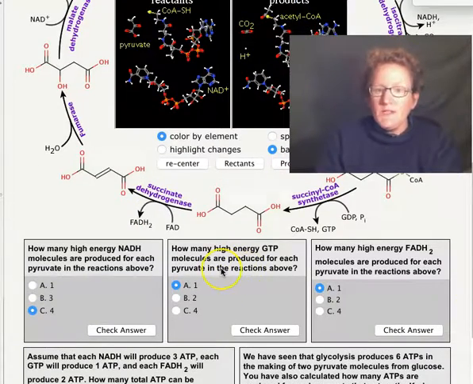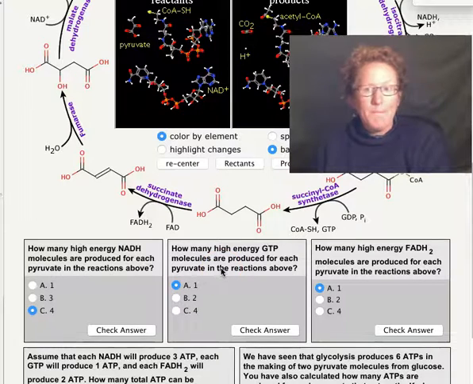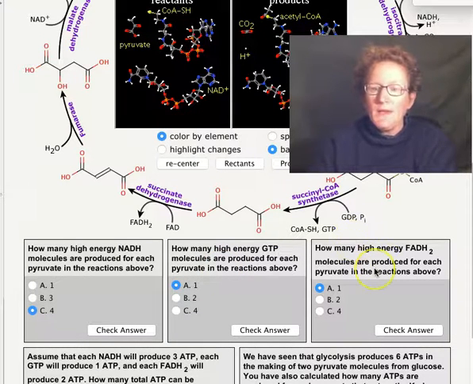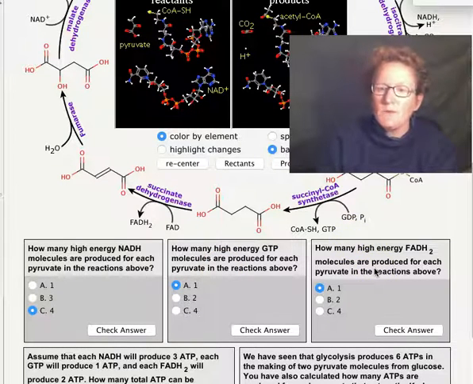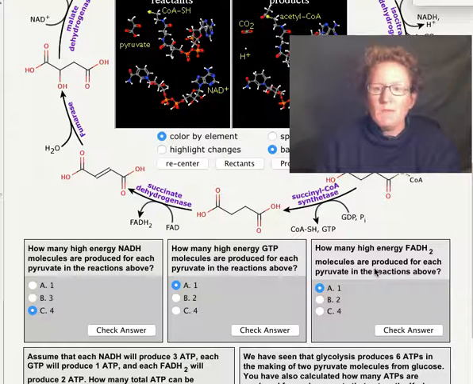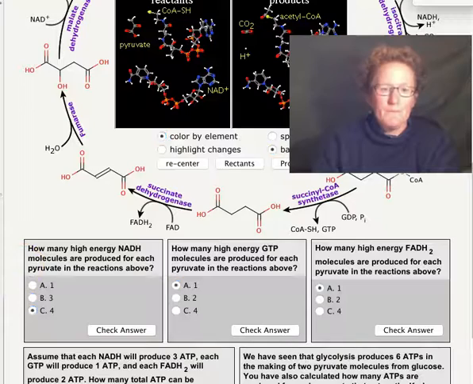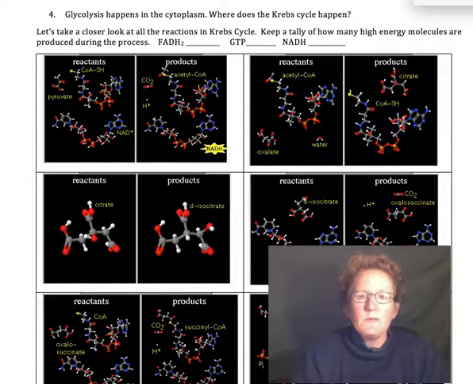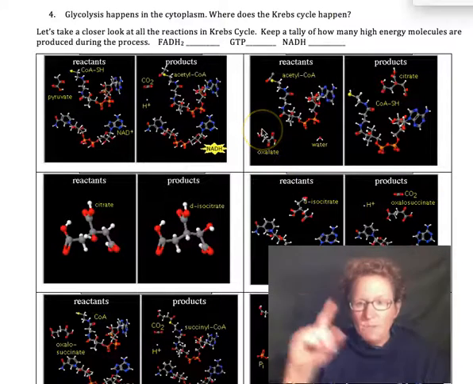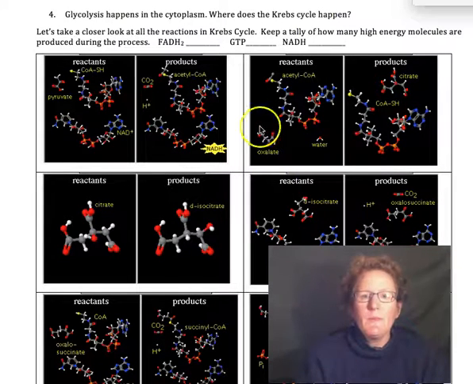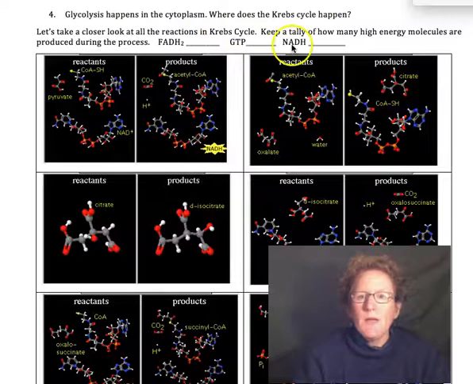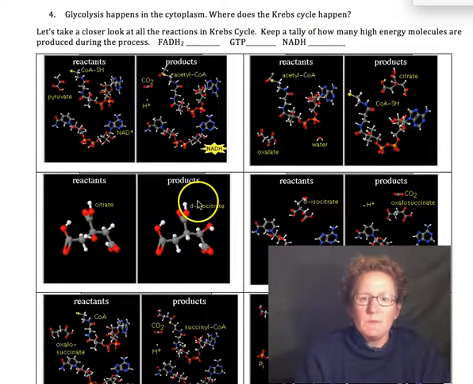How many GTPs? Hopefully you remember. And how many high energy FADH2 molecules are produced for each pyruvate in the reaction above. So hopefully you were able to use these screenshots and the tally as we run around the Krebs cycle to keep track of how many different high energy molecules were produced.